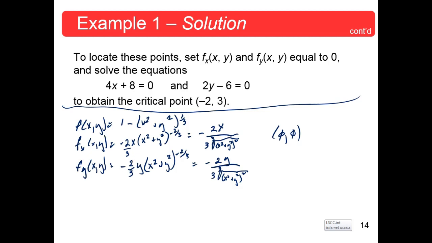So this is a critical point in terms of your first derivative being 0, but it's also where your first derivative doesn't exist. And same thing here. Either of these don't exist at 0, 0, but also that's for your, oh man, this is a mess, isn't it? Okay? But the only possible critical point here is 0, 0. So we need to investigate that and see what's happening here.